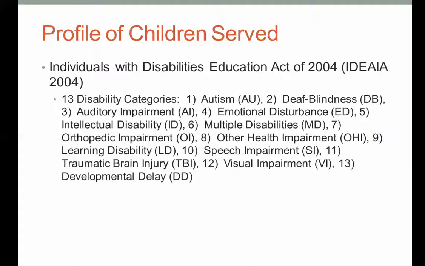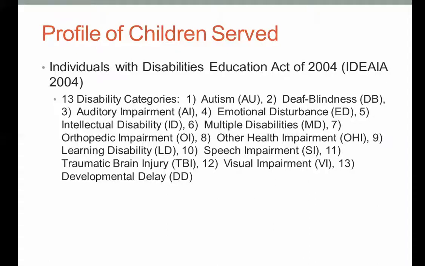For this class specifically, we'll be referencing all of these 13 different ones, but because we're focusing on IQ assessment, the two disability categories that we're really going to be focusing on are, I'm going to let you fill in the blank. There's going to be two. In this class, we're going to be focusing on intellectual disability, and we're going to be focusing on the learning disability.